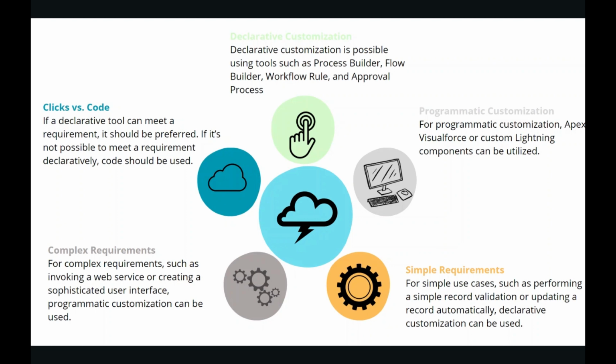For complex requirements, such as invoking a web service or creating a sophisticated user interface, programmatic customization can be used. If a declarative tool can meet a requirement, it should be preferred. If it's not possible to meet a requirement declaratively, code should be used.